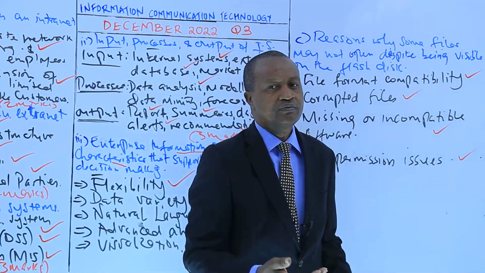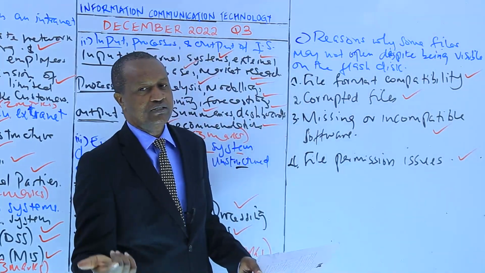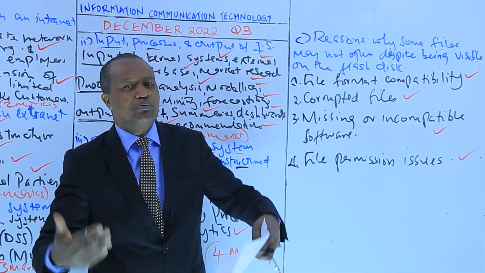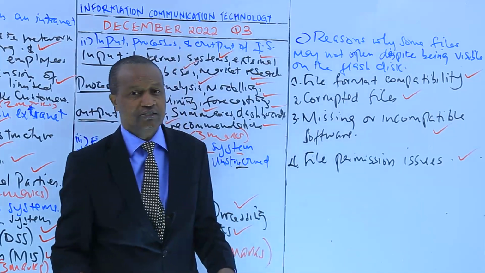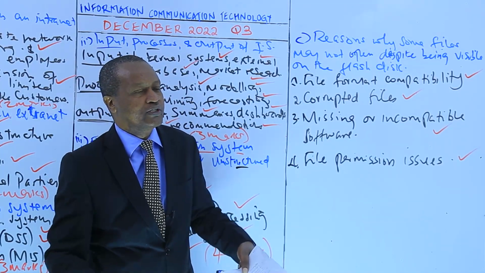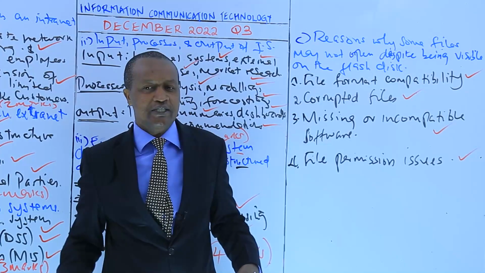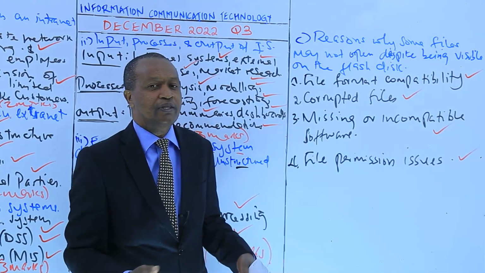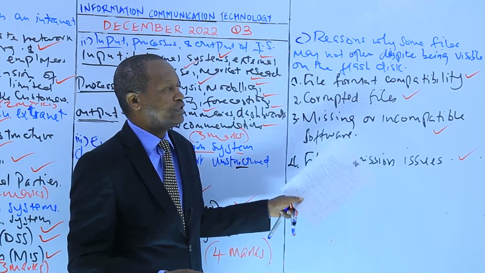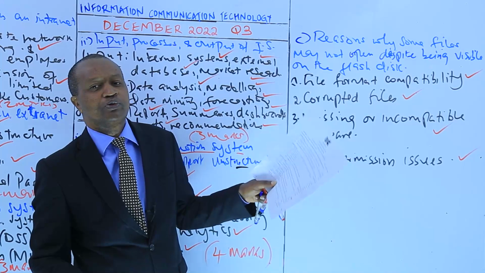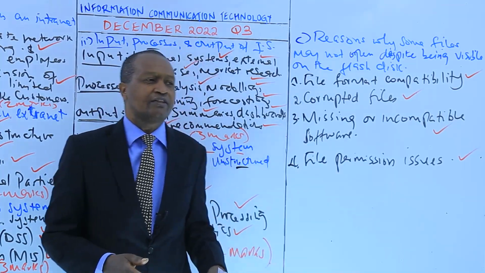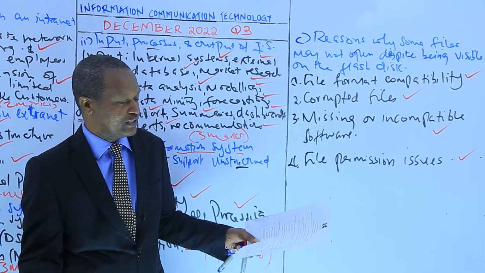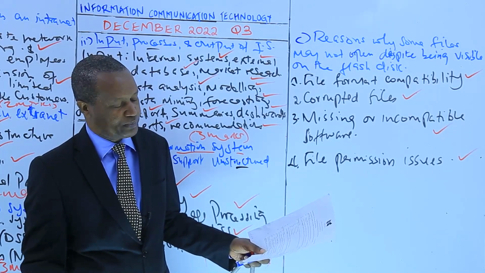So candidates, it is recommended not only for Veronica but for all of us to check the compatibility of file formats, to ensure that the files are not corrupted, and also verify that the necessary software is installed on the computer at the workplace, and then check the file permissions to determine reasons why the files may not open.